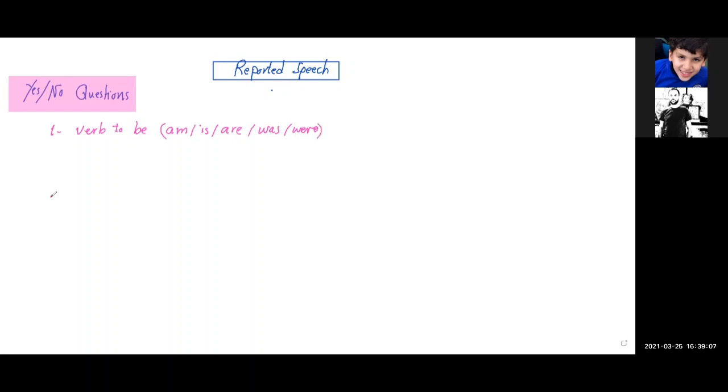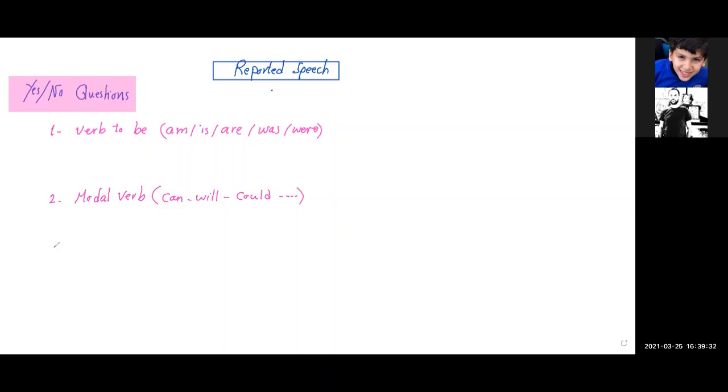Number two, a question beginning with a modal verb. It can be can, will, could, and so on. And you know that the modal verb is followed by the infinitive form.